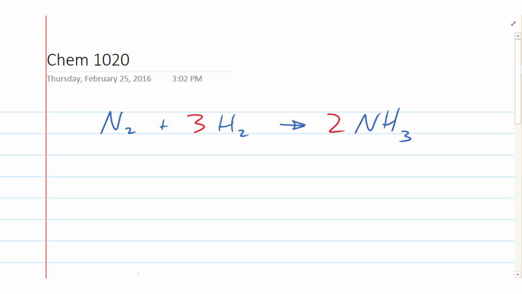If you go in the lab and take measurements, you don't make your measurements in moles, you make your measurements in grams. So we need to figure out how to do this with units of grams because that's how we actually measure.